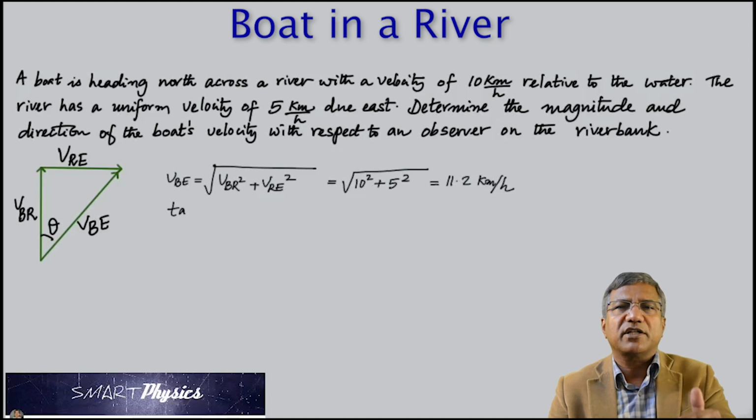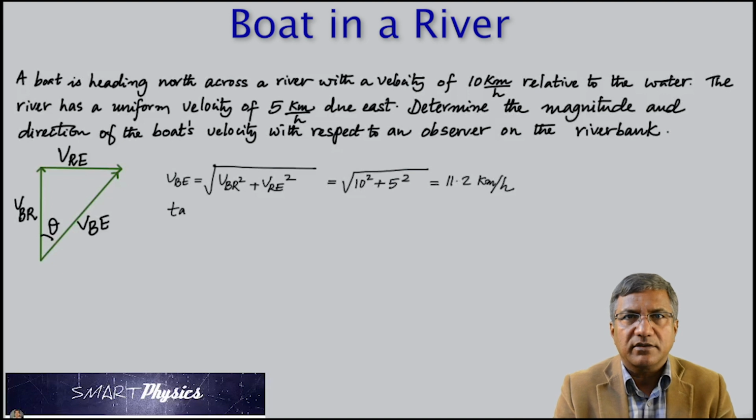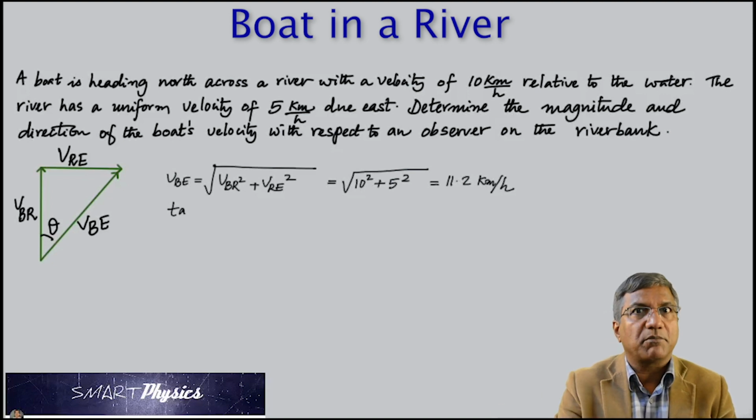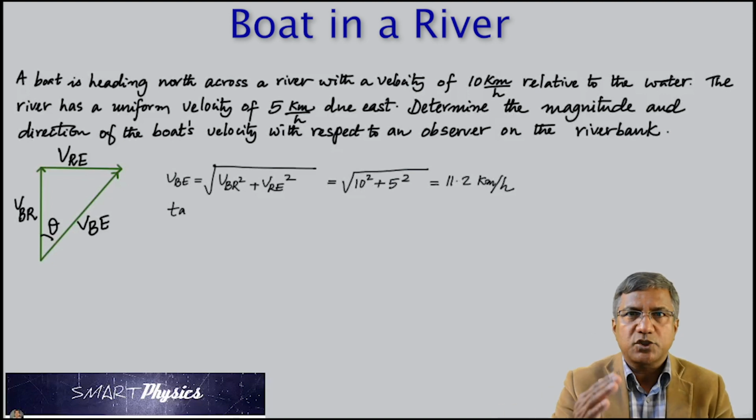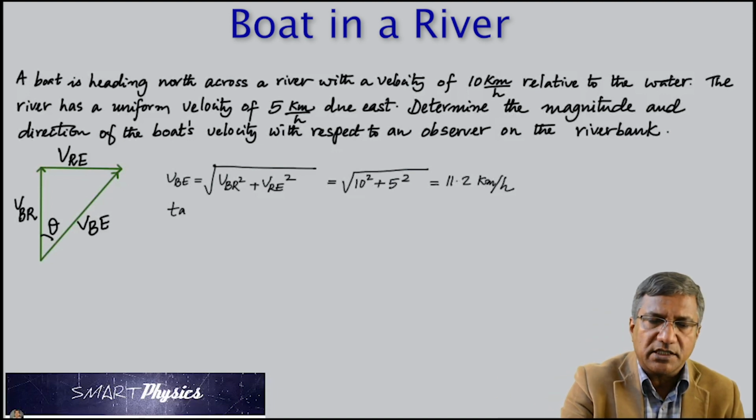Then when we try to find the angle, this is the angle we're looking for. From this right angle triangle, tan theta is opposite side by adjacent side. That's the definition of tan. You need to remember your SOHCAHTOA. TOA means tan theta is opposite by adjacent.